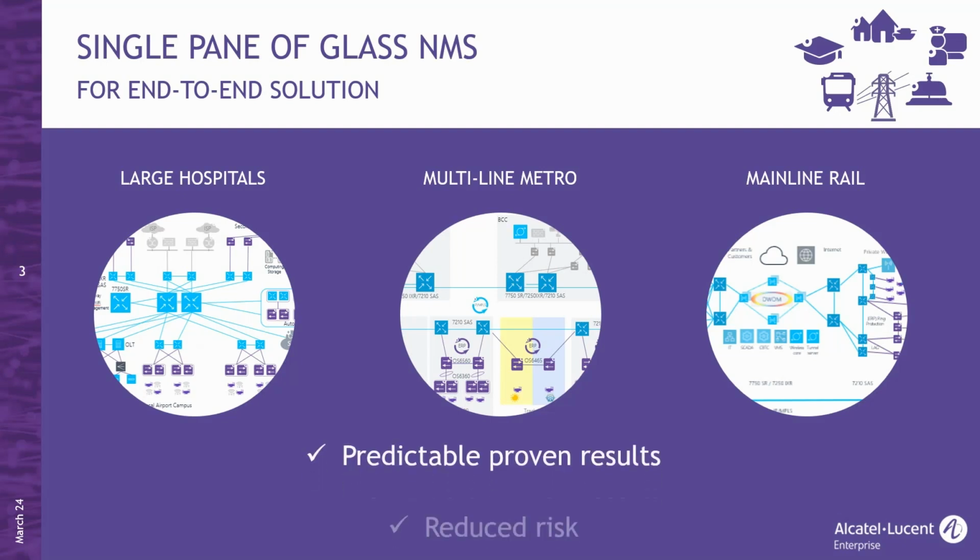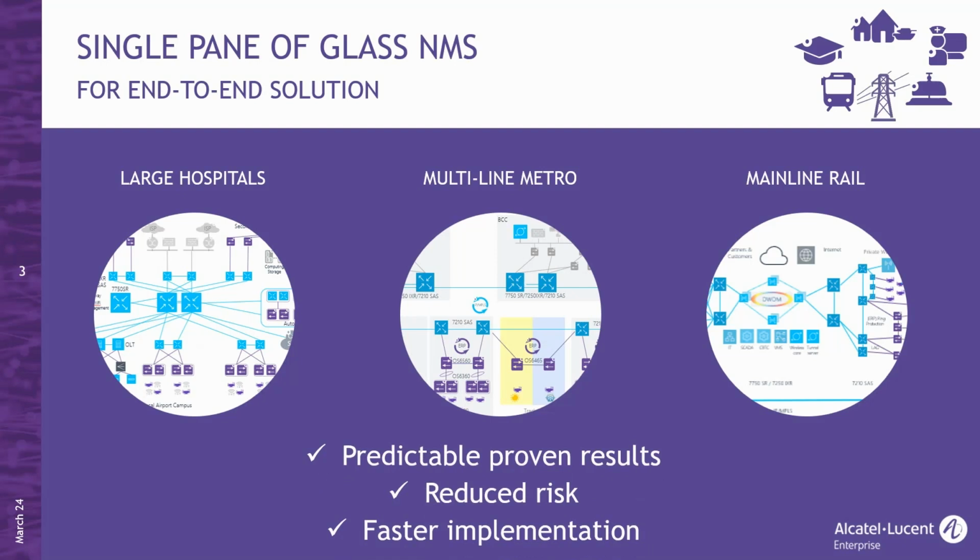By seamlessly integrating ALE's proprietary extensions into Nokia's Network Service Platform network management system, customers can now consolidate and automate their operations effortlessly. This integration offers a unified interface, providing a complete view of the entire network landscape and significantly boosting overall operational efficiency.